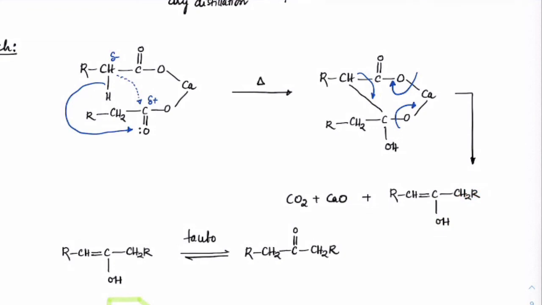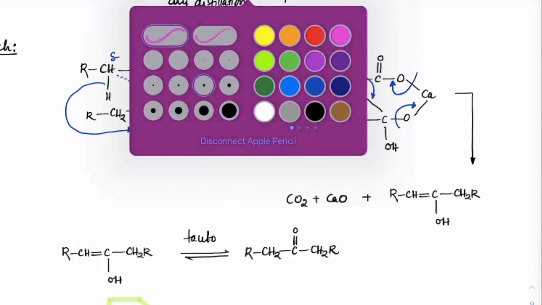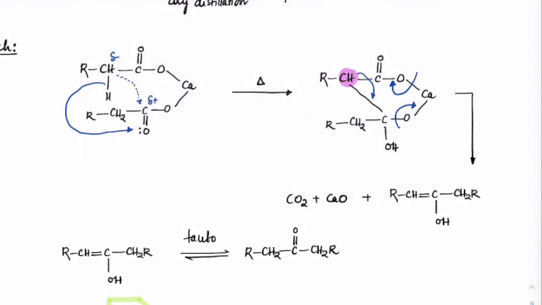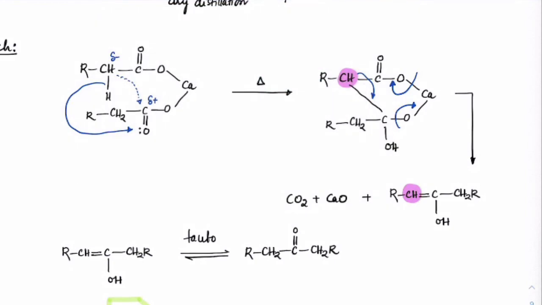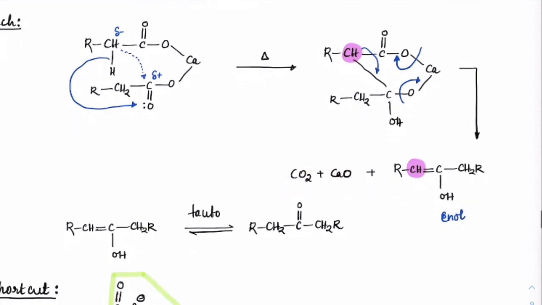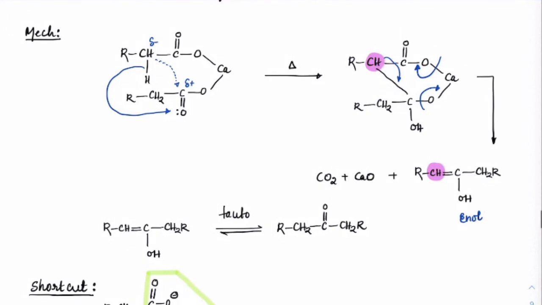Okay, so just to specify, you can see this carbon is the one which is attacking, which is forming double bond with the other carbon. So that would make you clear. Now once you get that enol form here, it will undergo tautomerism and you would get this as keto form, and the byproducts are calcium oxide and carbon dioxide. Okay, this is how the dry distillation takes place.